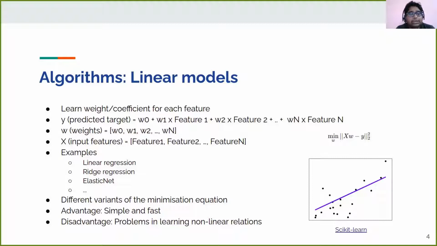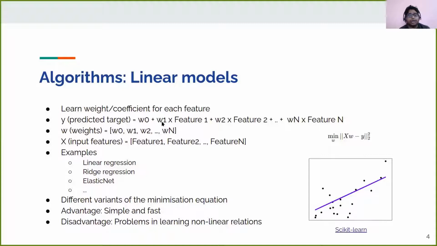Since linear models give straight lines, the equation for the straight line can be given as y, which is the predicted target, the quantity that we want to know, equal to w0, which is the intercept of the straight line. And then for each feature, a coefficient is learned.